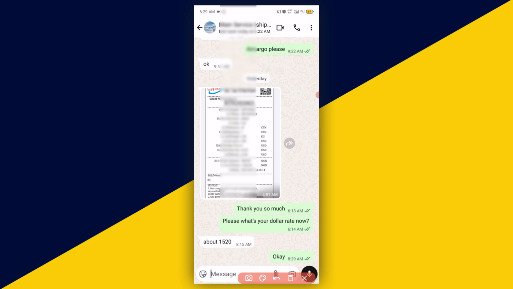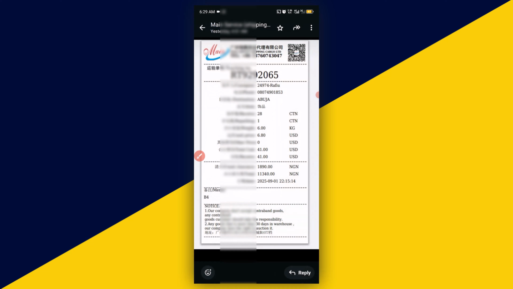Now let's go ahead and check on the bill of lading. I'm going to click on here now. From this bill of lading, you have to take note of two things. One of the first things is the weight, which is also known as kg. Then the unit price. The unit price is the charges per kg for international freight.